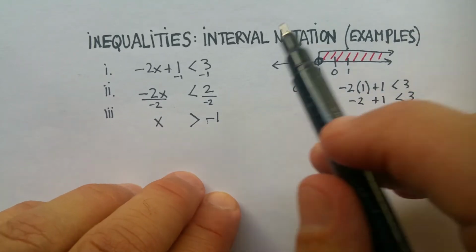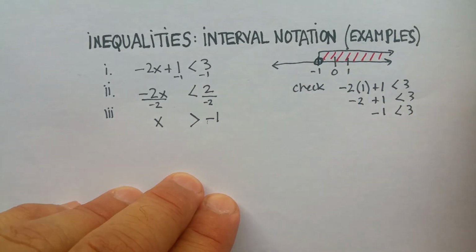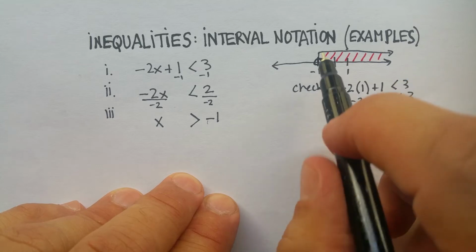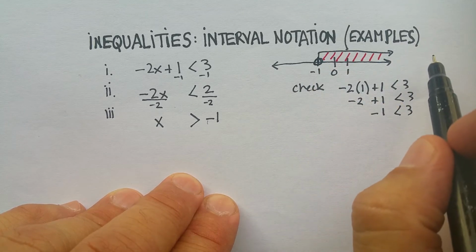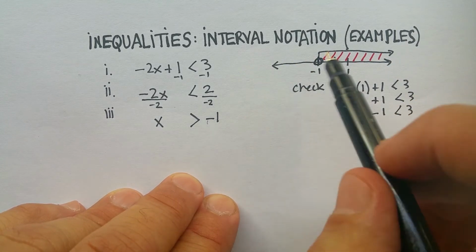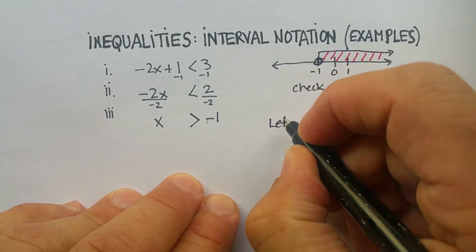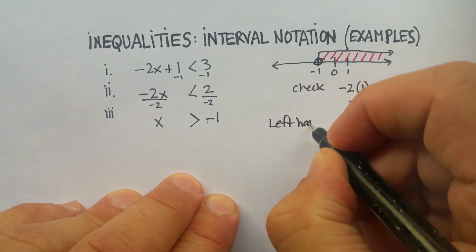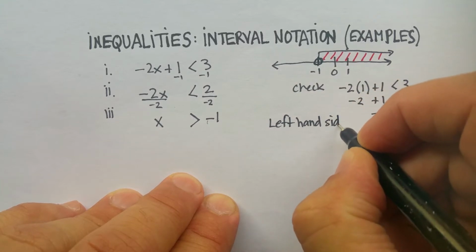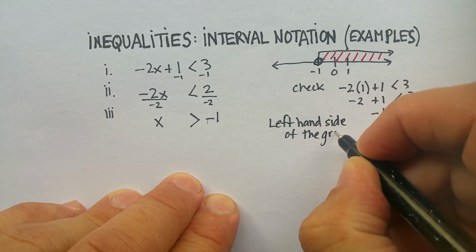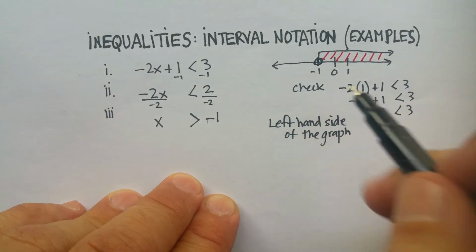However, we're still not done with the interval notation. Now with interval notation, we're going to start going left to right. You start at the far left-hand side of the graph, okay? So you really need to draw the number line of the graph.